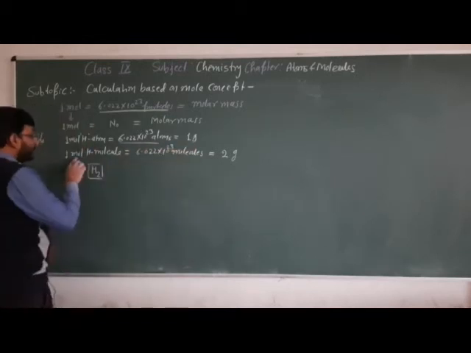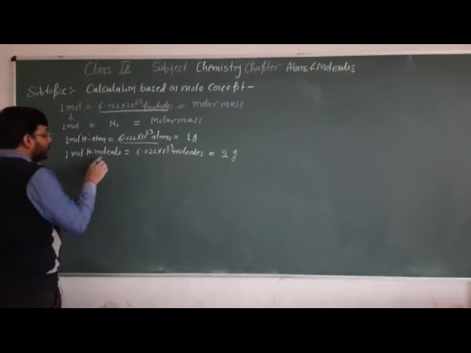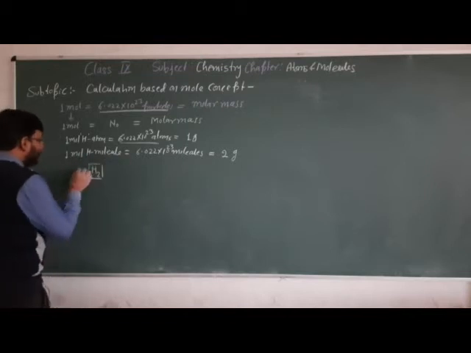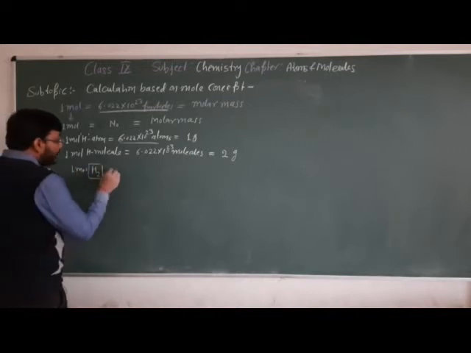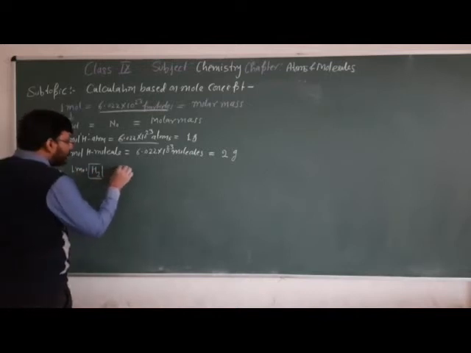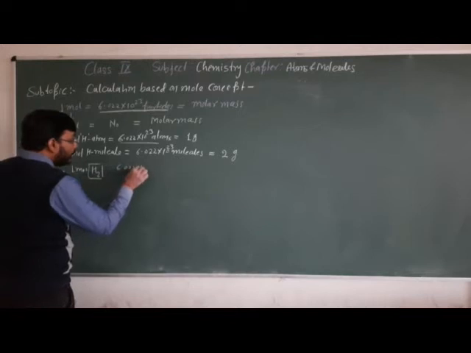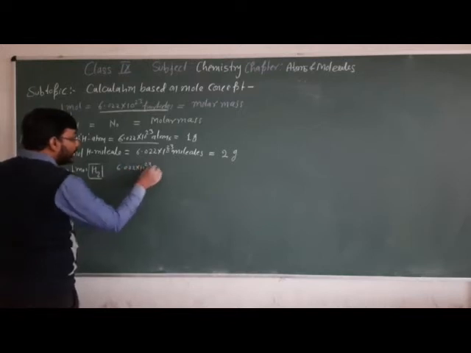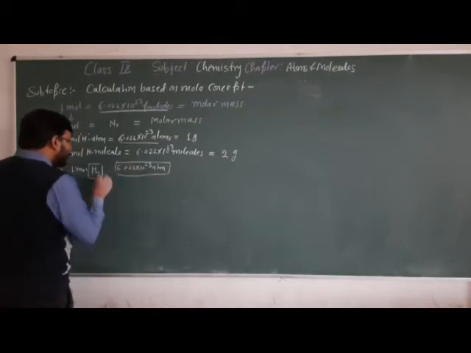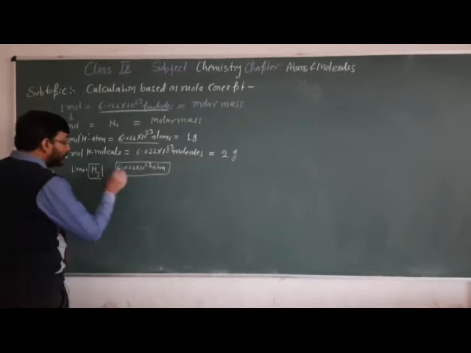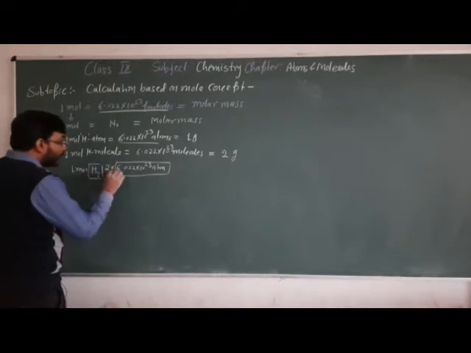So now you tell me, 1 mole of hydrogen molecule, H2, means 6.022 into 10 to the power 23 molecules, and this is the Avogadro number in case of atoms. With respect to atoms we can write 2 multiplied by 2.